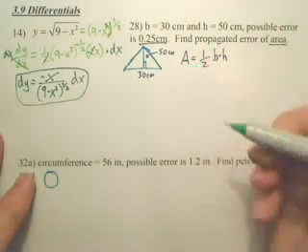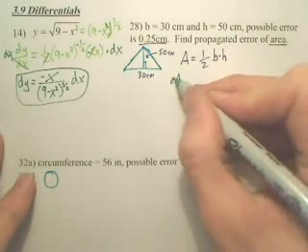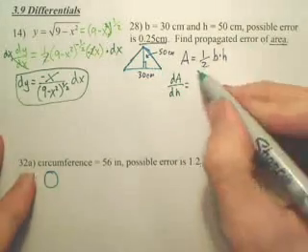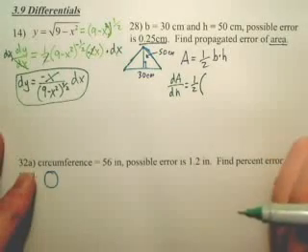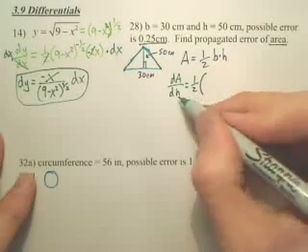So if I derive my area in terms of base or height, this is going to be dA over dH is equal to, do you see a product rule? Can I put 1/2 just out front? What's the derivative of B in terms of H?